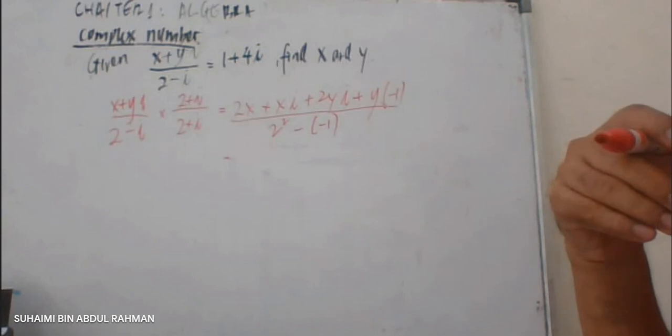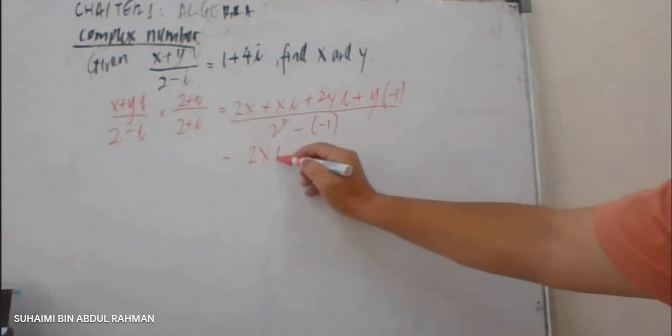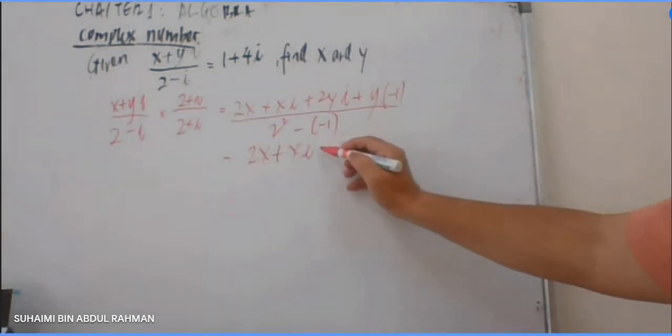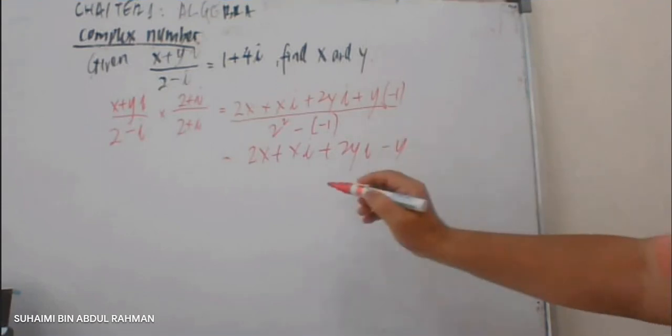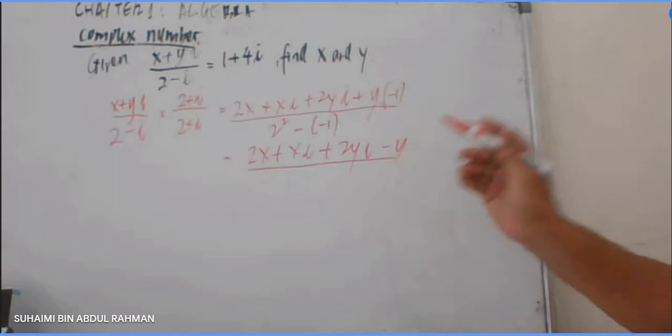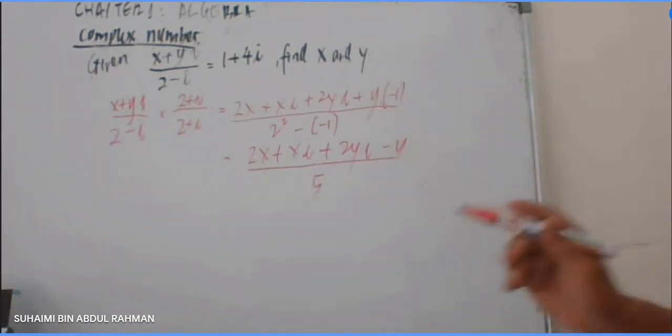So then 2x plus xi plus 2yi minus y, and 5, divided by 5. That's all.